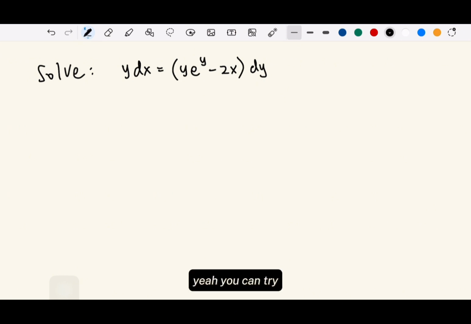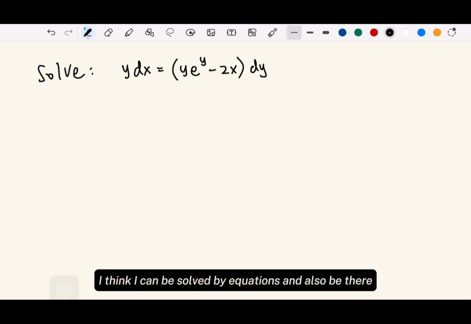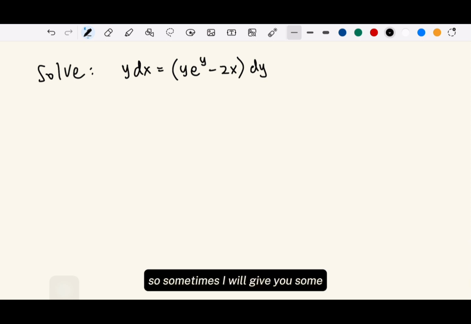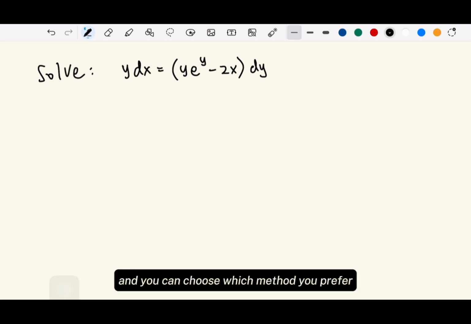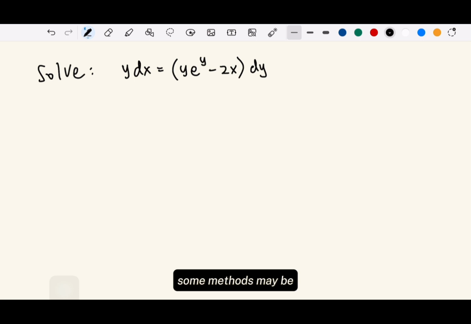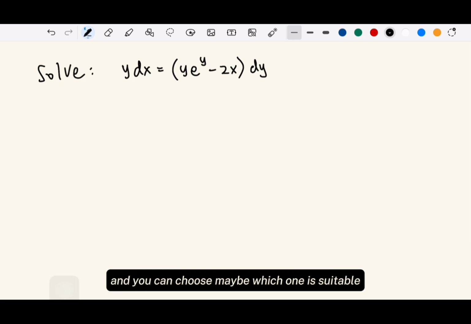Yeah, you could try. I think it can be solved by exact equation and also linear equations. So sometimes I will give you some differential equation, and you can choose which method you prefer. Some methods may be too long in the process, and you can choose which one is suitable.